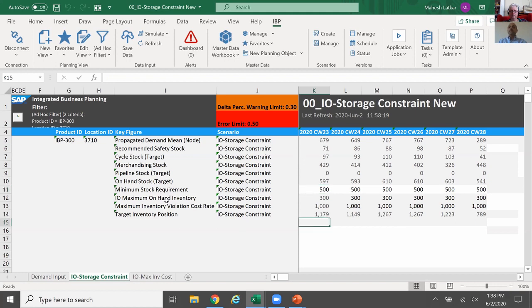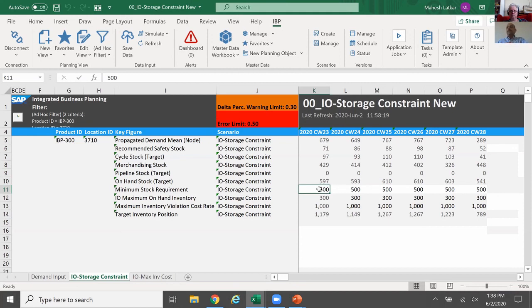But this key figure, IO max on hand inventory, is a kind of soft constraint. In this example, I got min stock requirement as 500, and I already ran the optimizer earlier. So you can see here on-hand stock targets are greater than 500. So it is respecting this hard constraint.